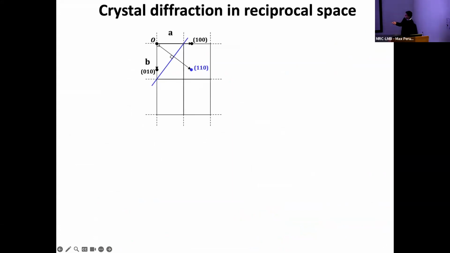So you remember you have your unit cells and your crystal lattice. Now we're going to construct a reciprocal lattice by drawing a vector starting from the origin, at a right angle to the family of planes. So this vector is going to represent the 110 family, and the length of the vector is going to be 1 over d.